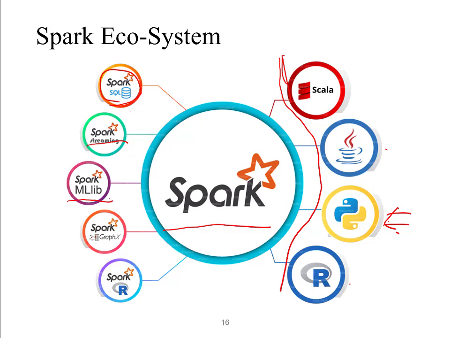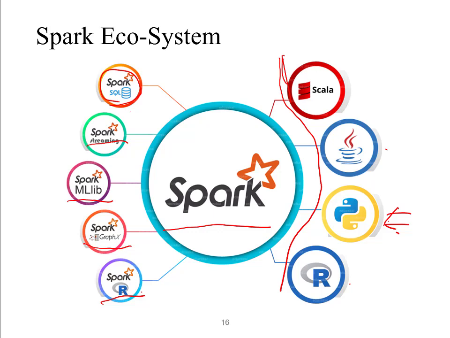Spark MLlib is the machine learning library used to perform machine learning in Apache Spark. And GraphX is the Spark API for graphs and graph-parallel computation. Finally, SparkR is an R package that provides a distributed data frame implementation.